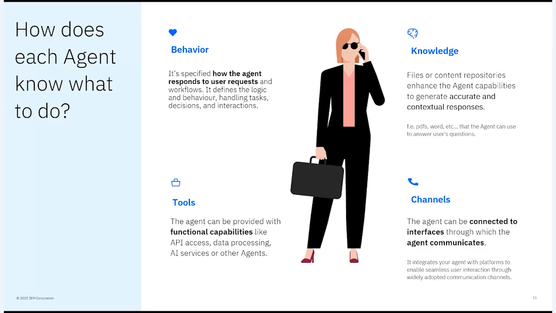Tools. Modular callable functions that allow AI agents to perform specific actions and interact with external systems, including API access, data processing, and AI services. And finally, channels. These include interfaces for the agent for communication, including Teams, Facebook Messenger, and Slack.